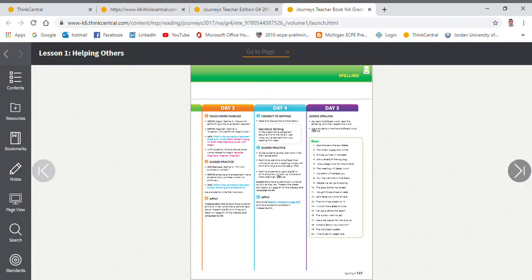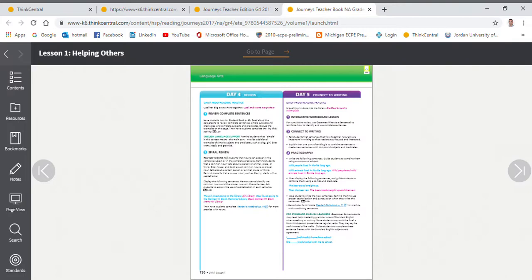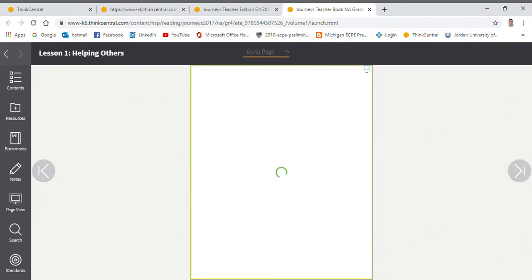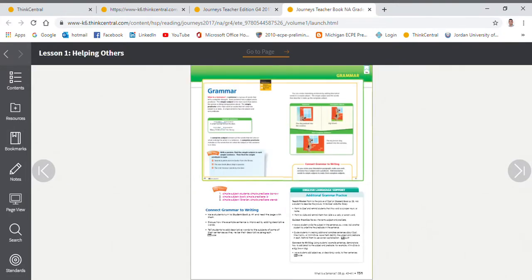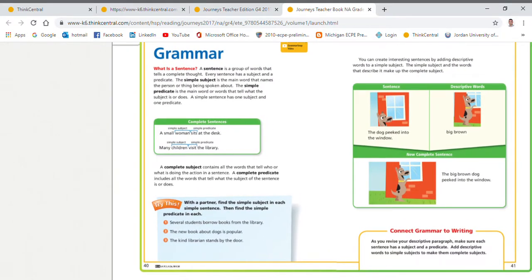Then, guys, when we finish with this, we're going to go to the grammar, which you're going to find in your textbooks, sorry, on page 40.